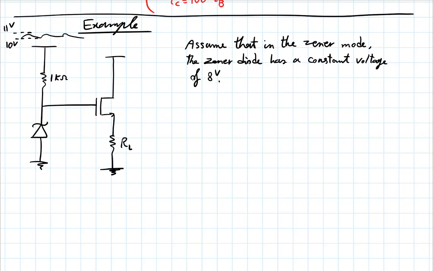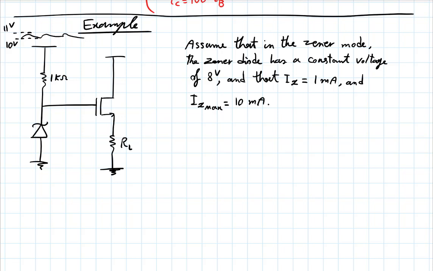Okay, and also that the knee current for this, meaning the current beyond which you are in the Zener mode, is 1 milliamp, and the max current that it can handle, IZ max, is 10 milliamps.